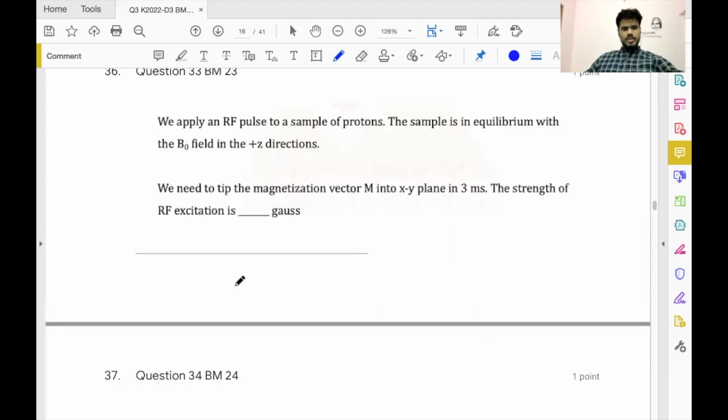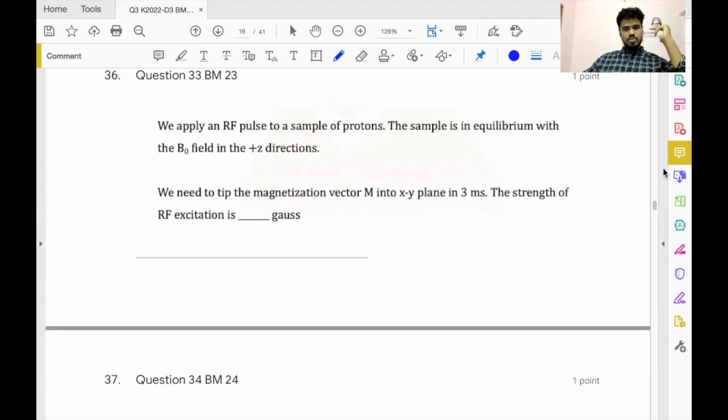So this is 4.5, 9 by 2, which is 4.5. Okay, apply an RF pulse to a sample of protons at equilibrium. What is the strength of the RF excitation? You need to tip the magnetization in 3 milliseconds into the XY plane. So the tip angle is pi by 2.